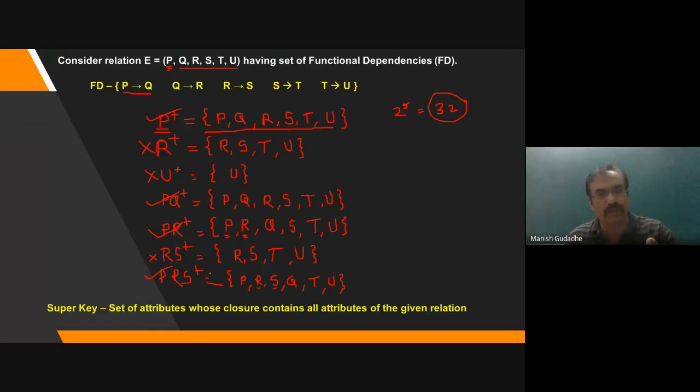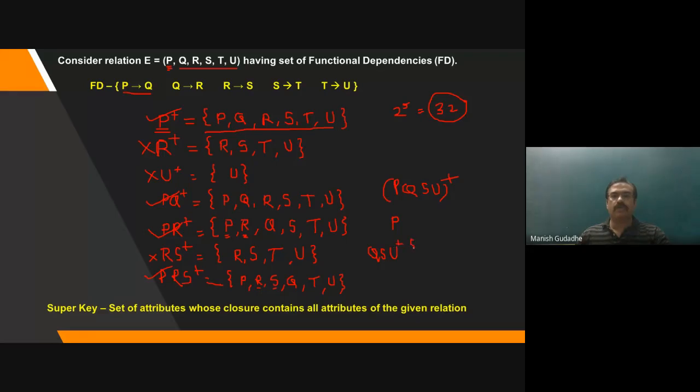Two attributes, three, four, even it is possible to have a combination of P, Q, S, U. It is also possible. This can be a super key, but every time P has to be there. If P is not there, let us say that we are taking it as Q, S, U.